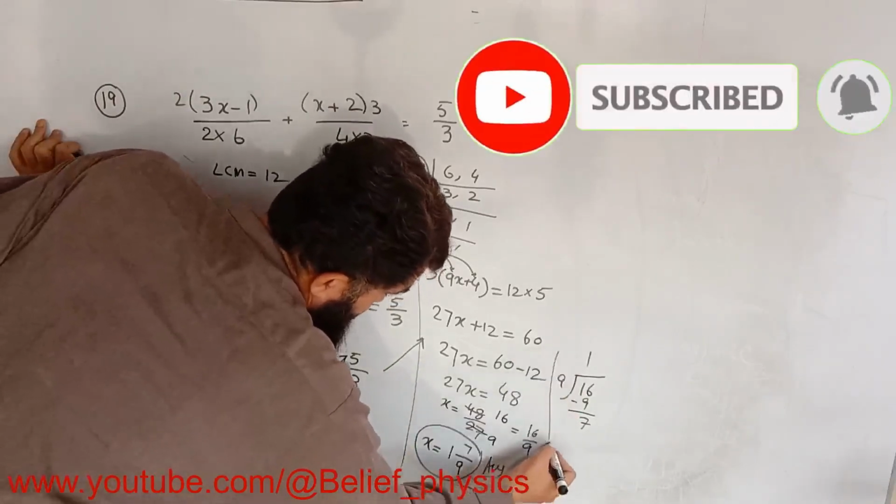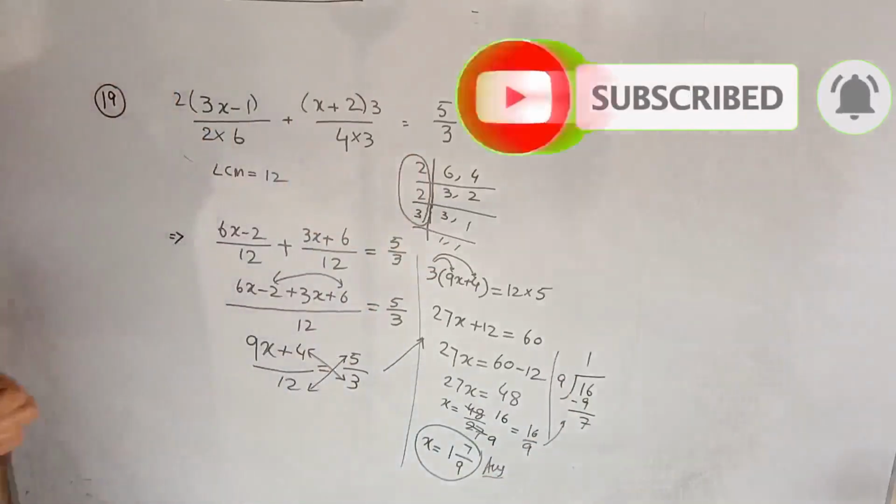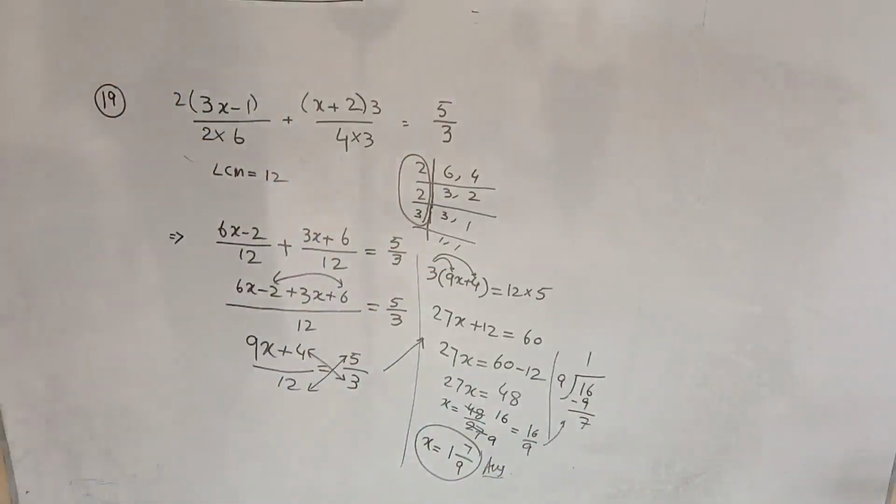In order to convert it into a mixed fraction, we divide 16 by 9. 9 ones are 9, the remainder is 7. So in mixed fraction, x is equal to 1 whole 7 over 9, and that's the answer of the question.